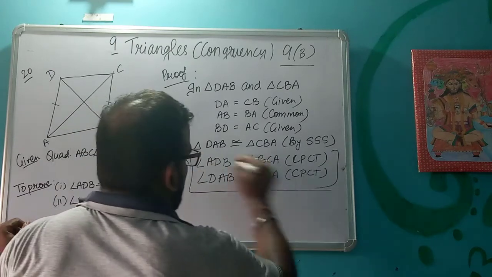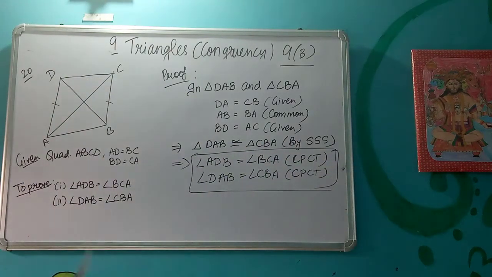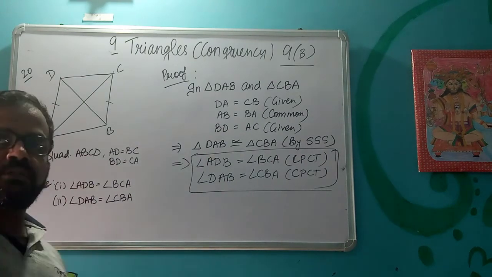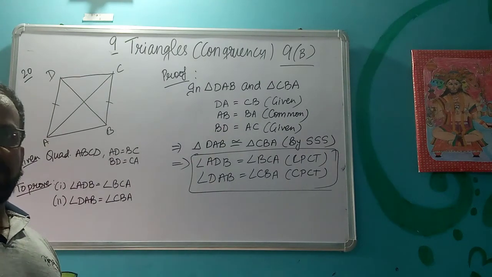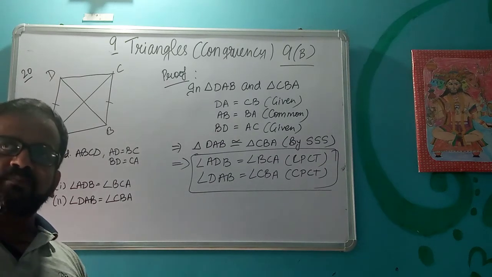So this is what we had to prove, and we have proved it by proving these two triangles congruent. So this is the end of this chapter, congruency in triangles. In the next video onwards, we will discuss the next chapter of mathematics, that is Pythagoras theorem.